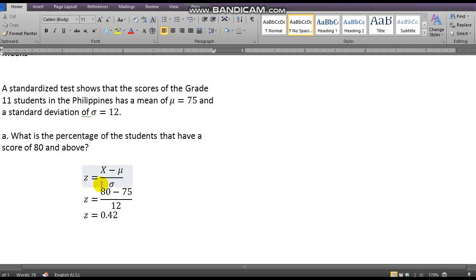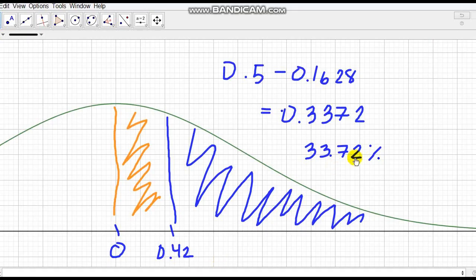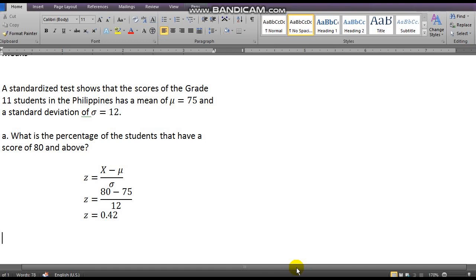This means that the percentage of students that have a score of 80 and above is 33.72%. So that's how we go around in solving using the central limit theorem.